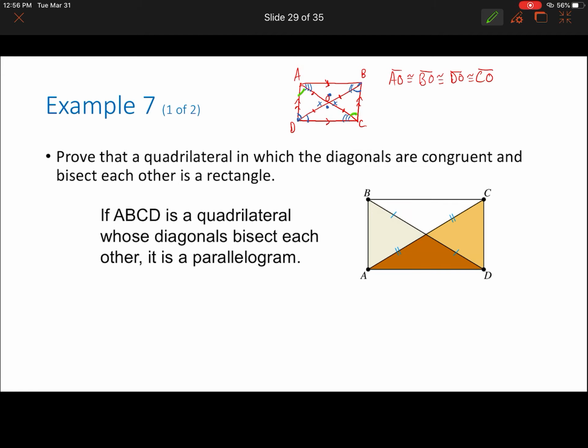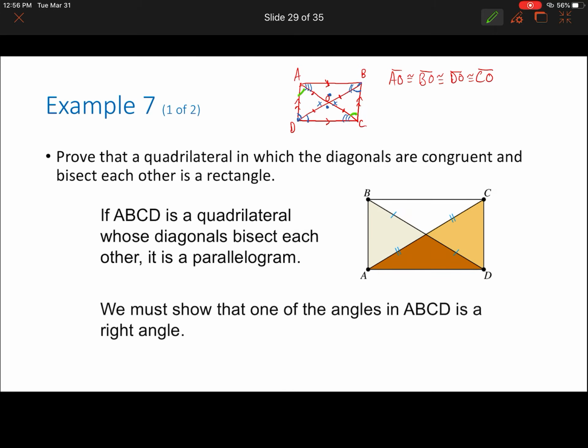And I'll use a different color here. Also, this angle and this angle are congruent because they're alternate interior. Now, we still need to show that one of these angles is a 90-degree angle. Let's continue with what our slide shows because there are some better diagrams here.